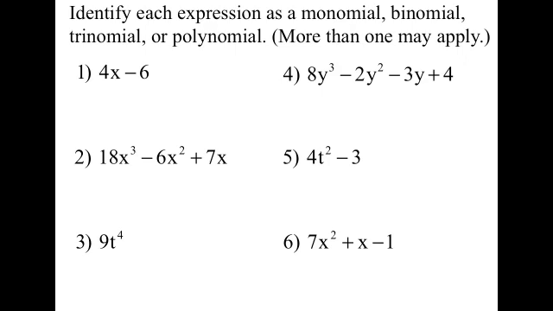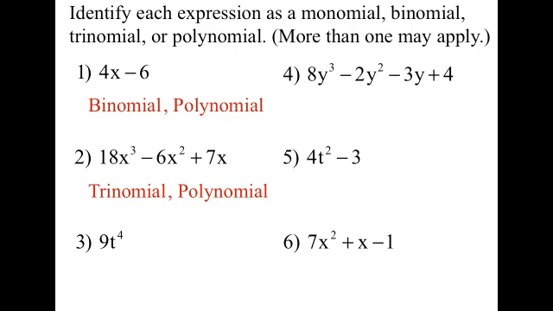4x minus 6 is a binomial, and it's also a polynomial. Number 2 is a polynomial and a trinomial. Number 3 is a monomial.